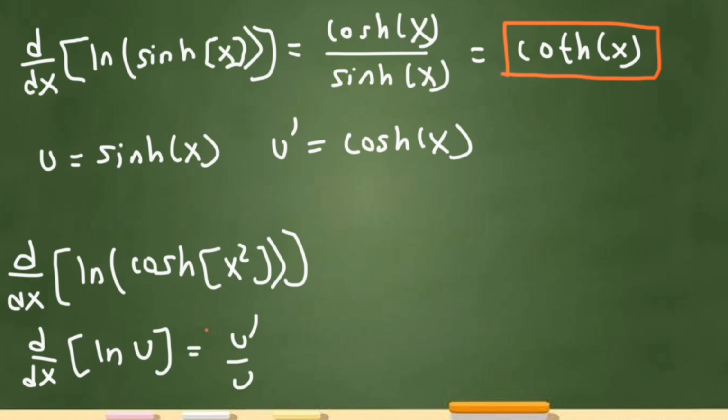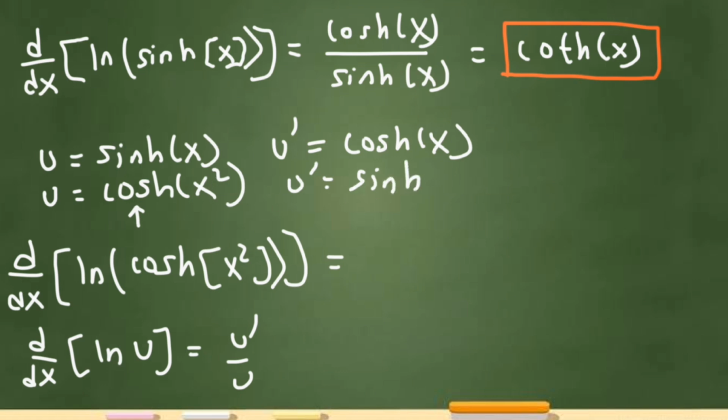Now for the next one, we see that u is hyperbolic cosine of x squared. U prime, the derivative of that, is the derivative of hyperbolic cosine, which is hyperbolic sine, and we'll keep the inside part the same. And the derivative of x squared is 2x.